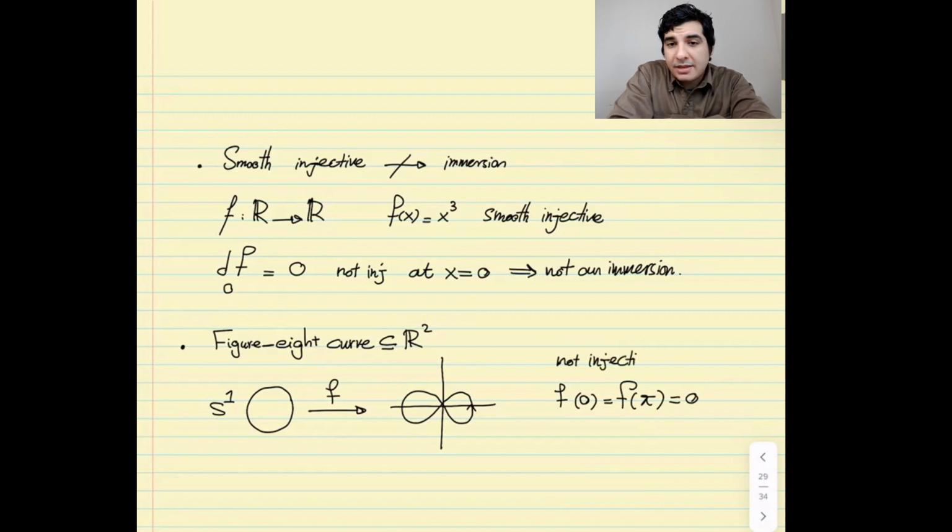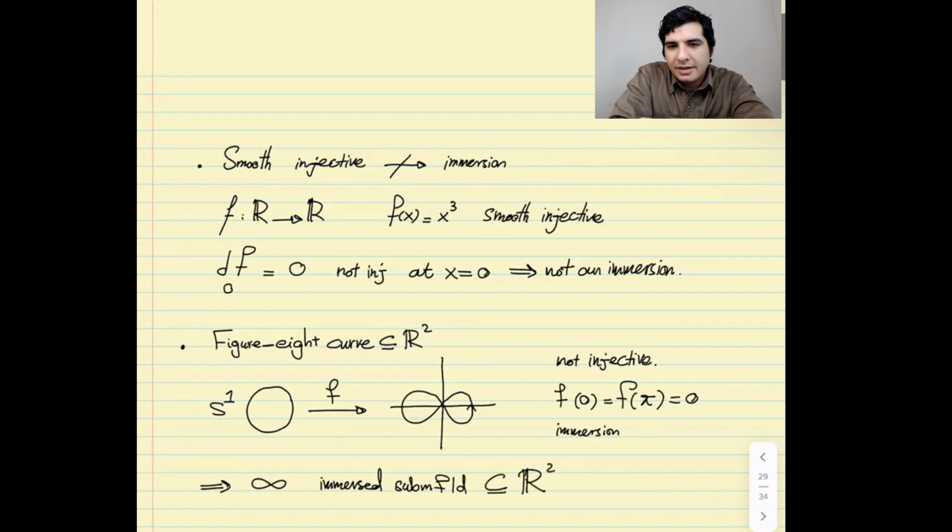So of course this map is not injective, right? So the figure 8 as a subspace of R2, thinking about that as the image of F, F is an immersion, but not injective. This implies the figure 8 is an immersed submanifold of R2.